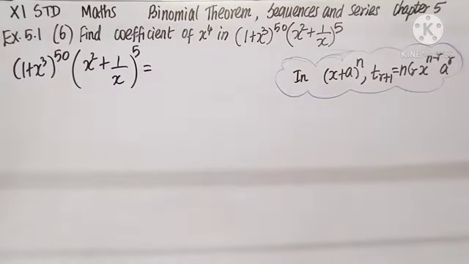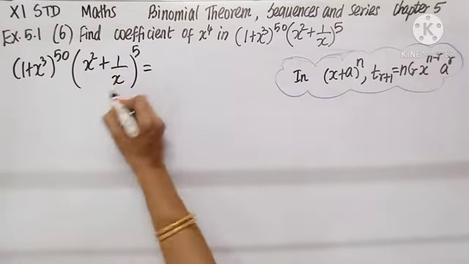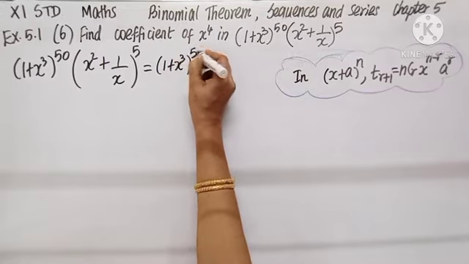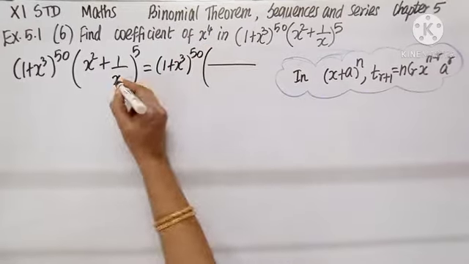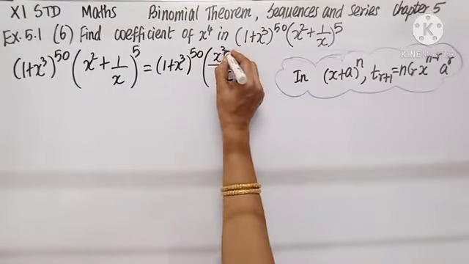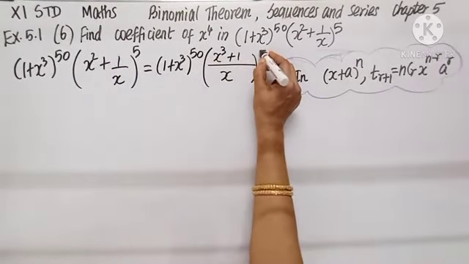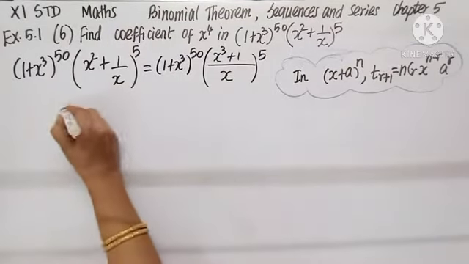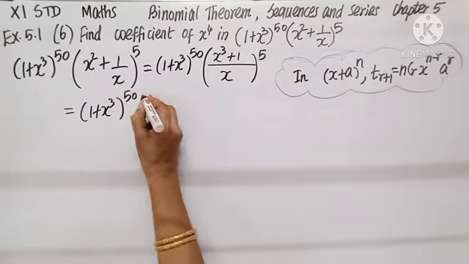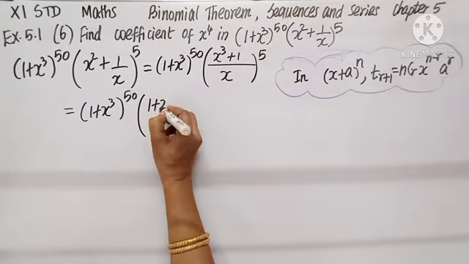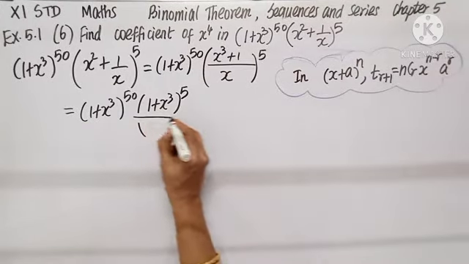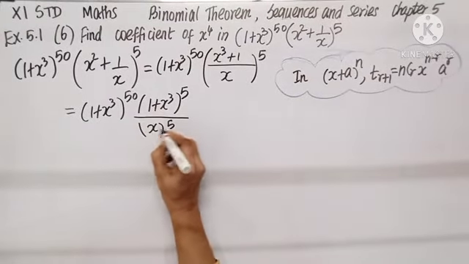First of all, let us try to simplify this. (1 plus x cube) the whole power 50 into, taking LCM, x into x square, (x cube plus 1) the whole power 5. That is (1 plus x cube) the whole power 50 into (1 plus x cube) the whole power 5 divided by x power 5.